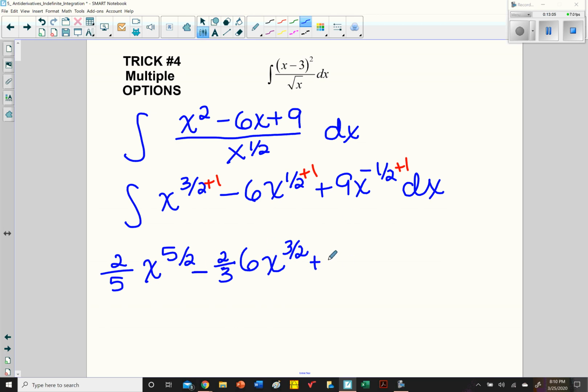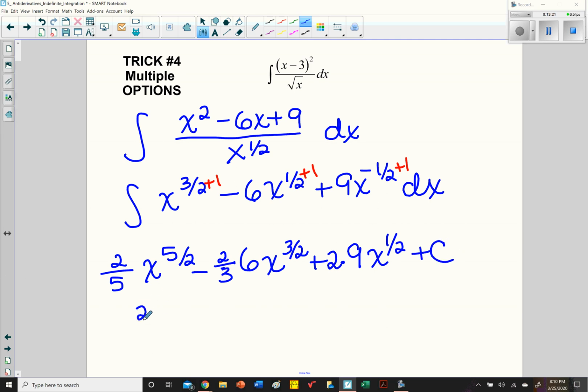Then this last example, I'm going to add 1 to the negative 1/2. So we have x to the 1/2 and divide by half or multiply by 2, and then clean that up.